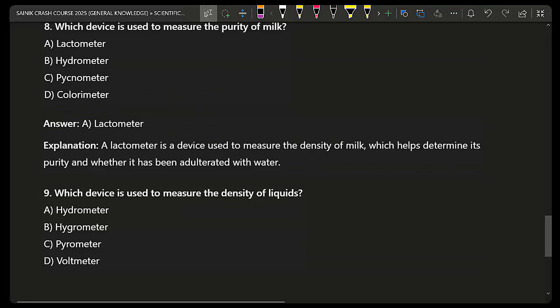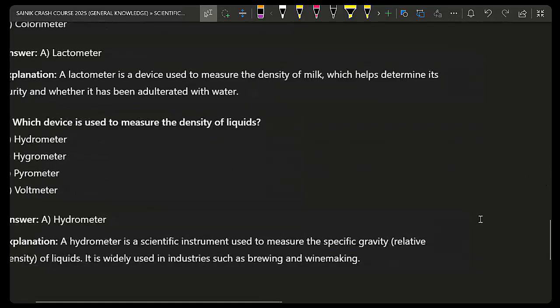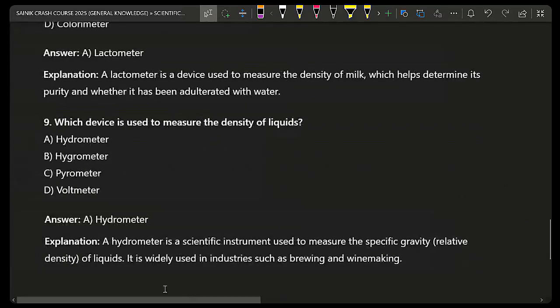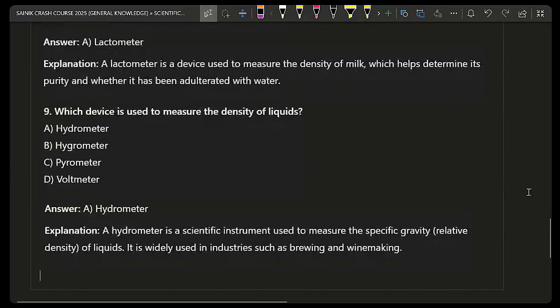Time up. 5 students gave voltmeter, 6 students said hygrometer, and 9 students said hydrometer. So that is hydrometer is correct answer. Correct answer is option A, hydrometer. A hydrometer is a scientific instrument used to measure the relative density of liquids. It is widely used in industries such as brewing and winemaking. So, last question of today's class.